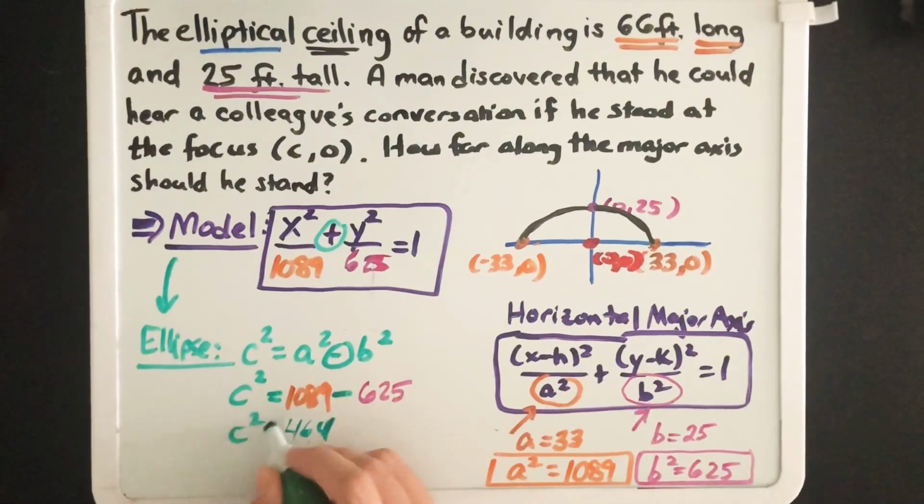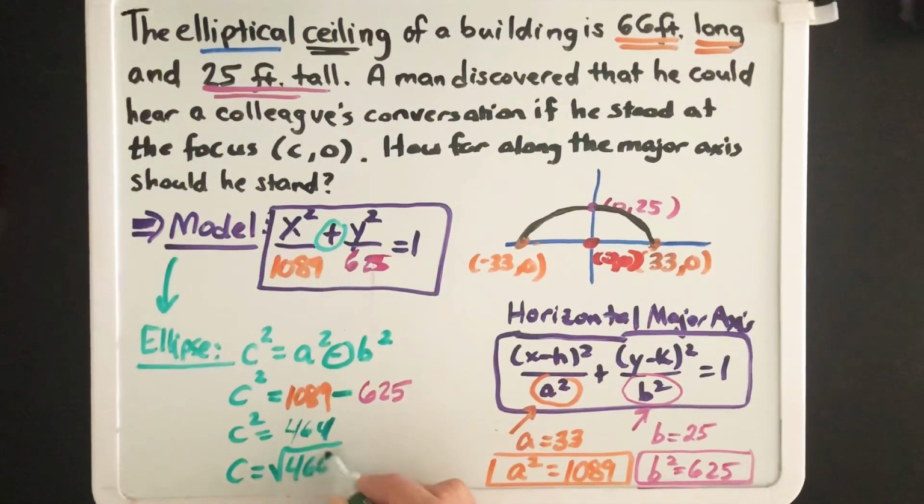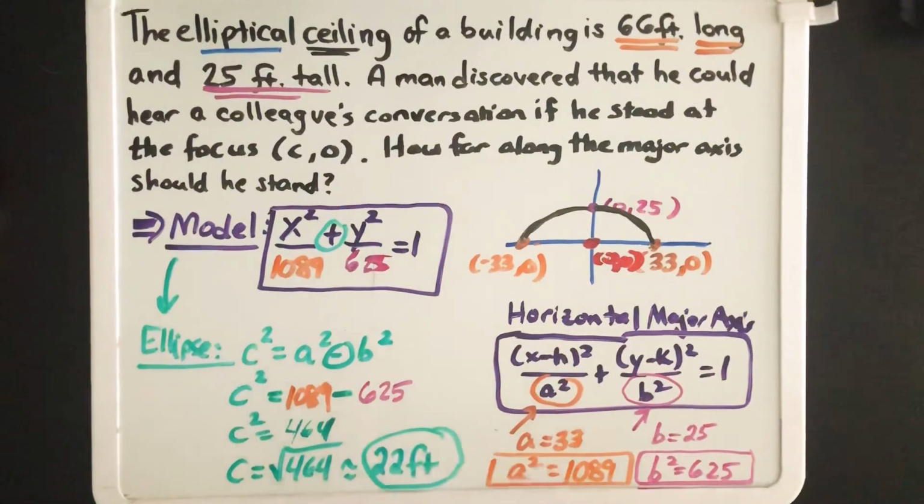So that is what C squared equals, which means then that C is the square root of 464, which if you go to your calculator is roughly 21.5. But if they say to round to the nearest whole number, you would just say roughly 22 feet. So what does that mean?